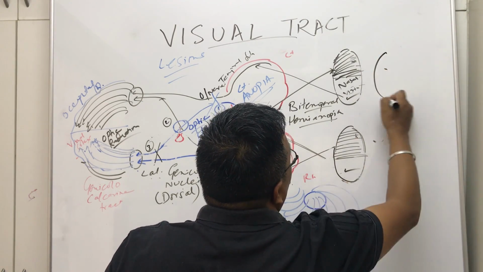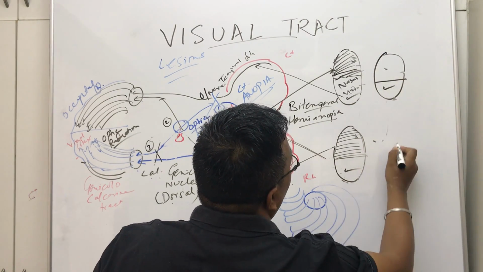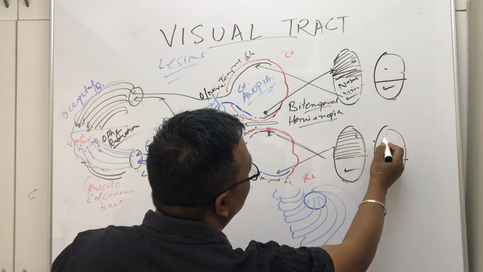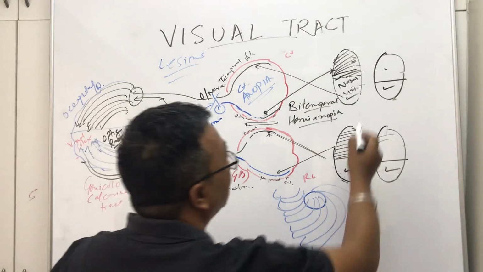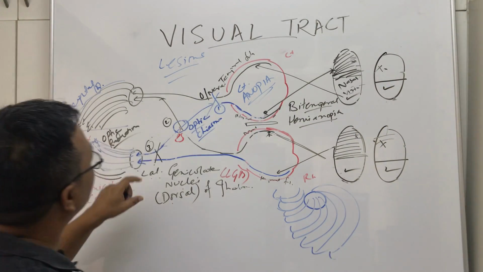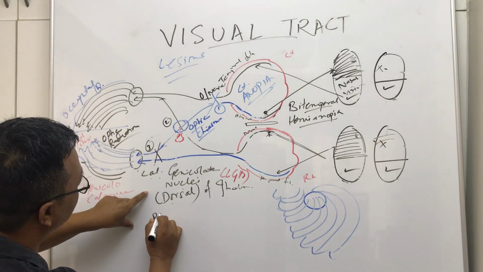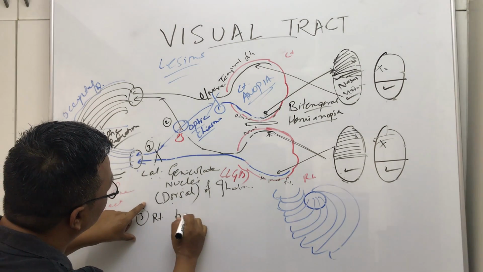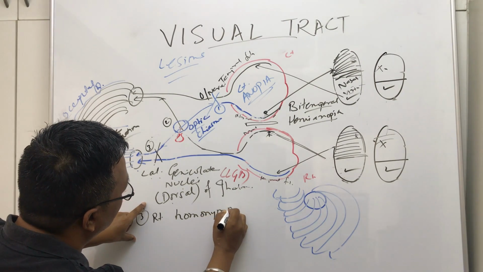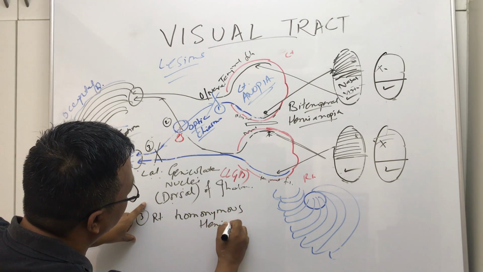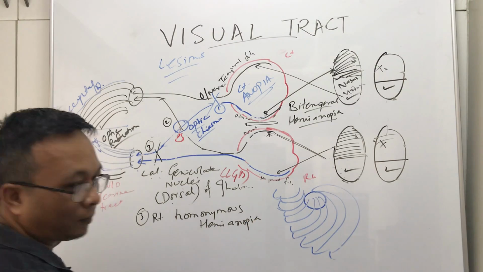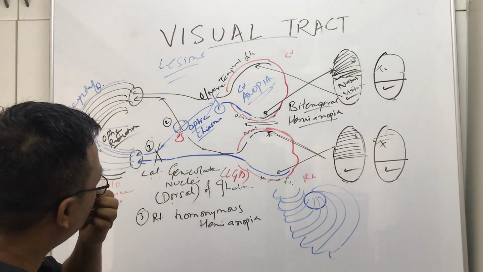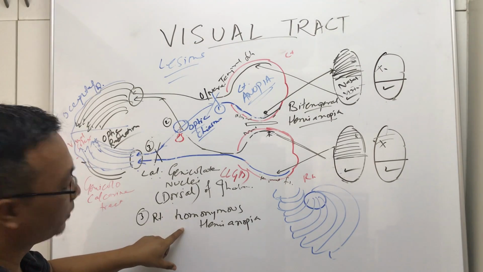If this part is clear and this part is clear, he cannot see this much and he cannot see this much. This is called homonymous right, because the lesion is on the right side. So number three lesion is right homonymous hemianopia. Hemi means half.